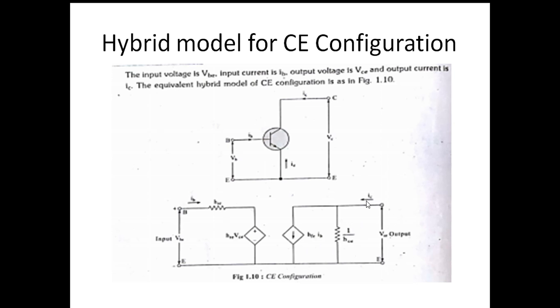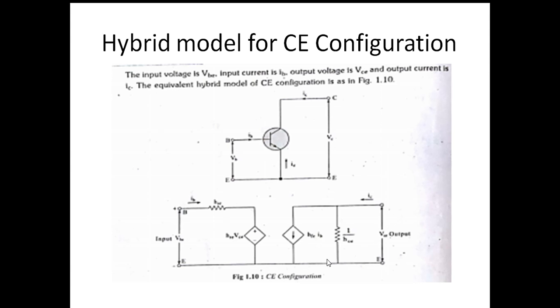Therefore, this current is equal to the sum of these two currents. This is the incoming current, these two are outgoing currents, so this should be in the downward direction. IC is equal to HFE-IB plus HOE-VCE.